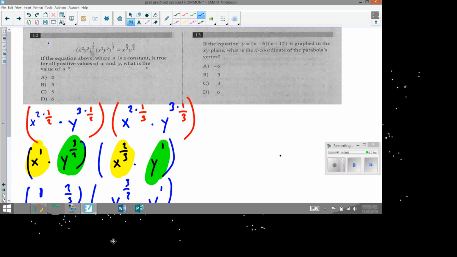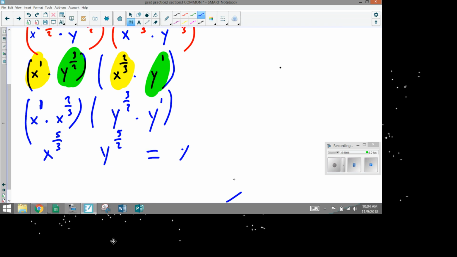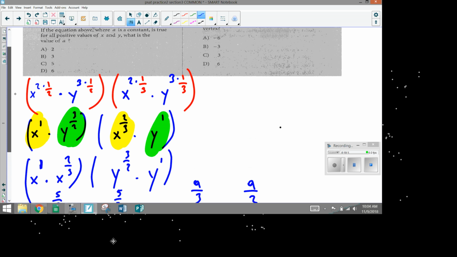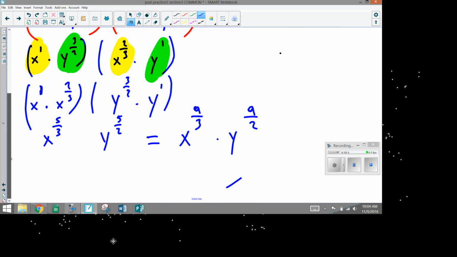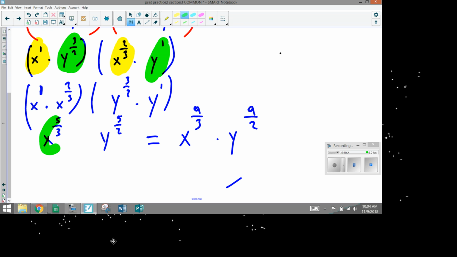So what is that equal? x to the power of a over 3, y to the power of a over 2. Okay, is that right? Yes, a over 3, a over 2. We can match the x's and we can match the y's.